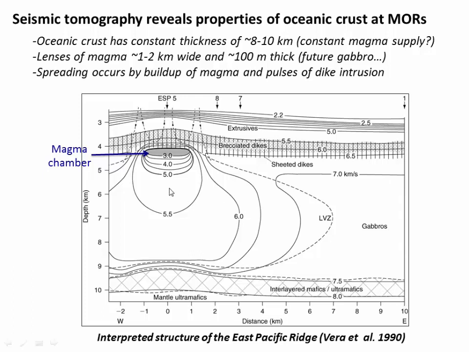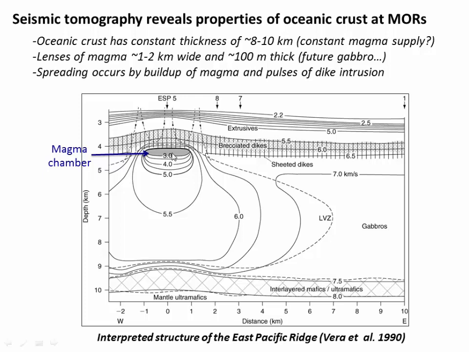And specifically, if you image across an active spreading ridge, what you see are indeed the layer of extrusive pillow basalts, the layer of sheeted dikes, and sitting below the sheeted dikes is a lens of magma with very low seismic velocities. And those are typically 1 to 2 kilometers wide, maybe 100 kilometers thick, and they're discontinuous.